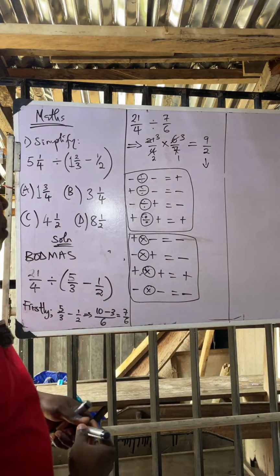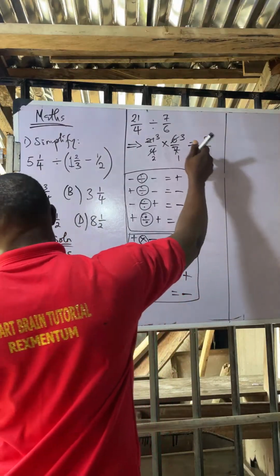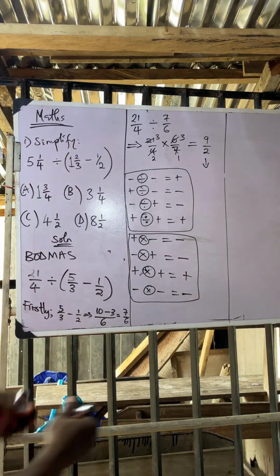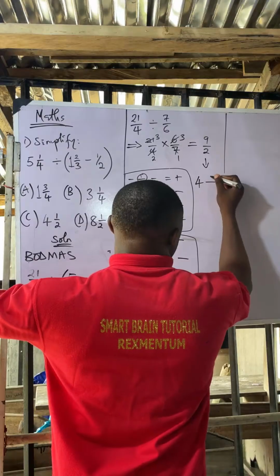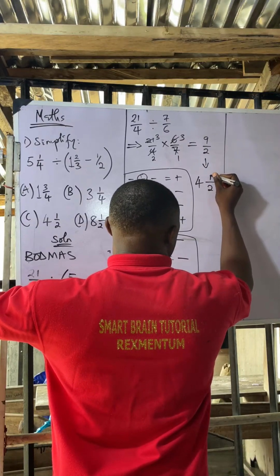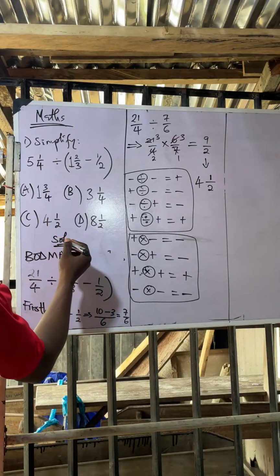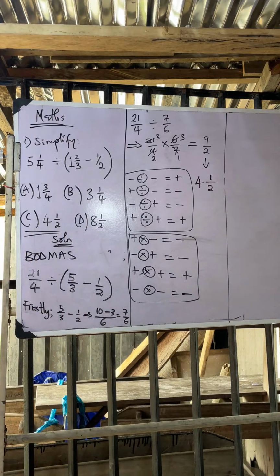How many times can you see 2 in 9? 4 times. So that becomes 4 whole number. How many will remain? 1 over 2. As easy as ABCD, you can see it is our option C. Do you understand that?